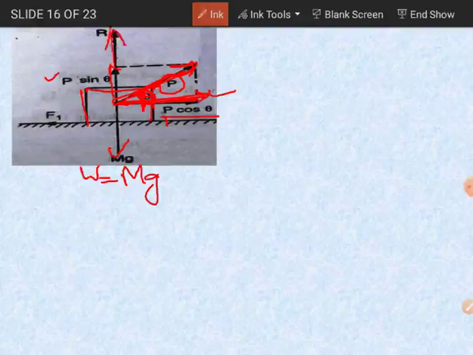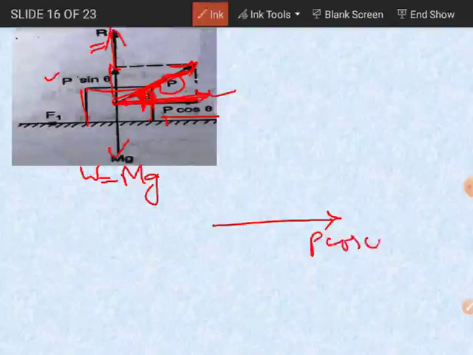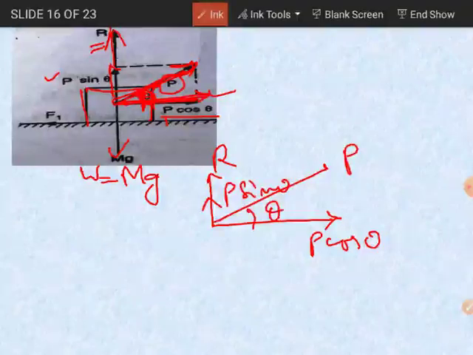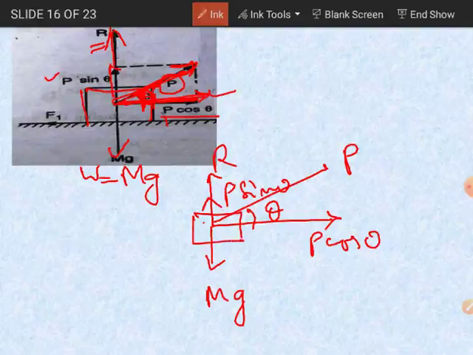Here the normal reaction is denoted by capital R. So one component, P cos theta, is in the horizontal direction, and in the normal direction there is another component, P sine theta, where your P is applied making an angle with the horizontal, and in the vertically downward direction your weight mg is also acting. Got it? And your frictional force will be opposite to the direction in which the body is moving or tends to move.